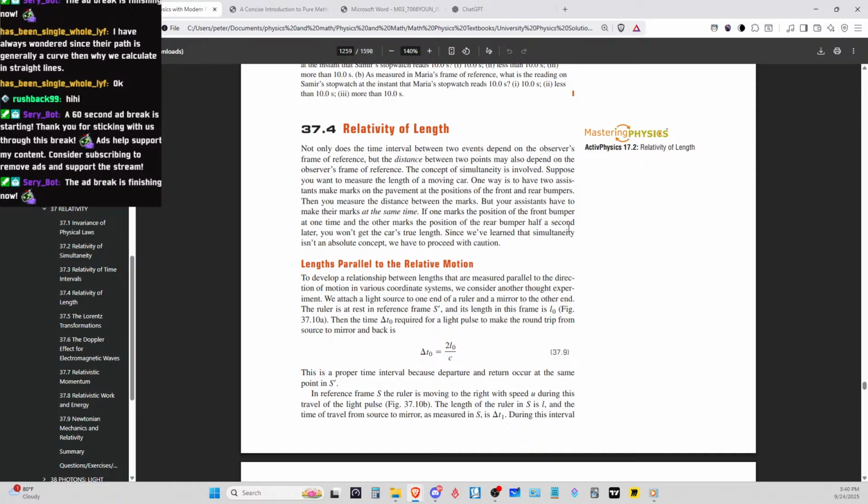Alright, so relativity of length. Not only does the time interval between two events depend on the observer's frame of reference, but the distance between 2 points may also depend.